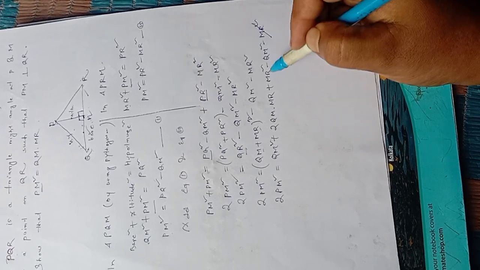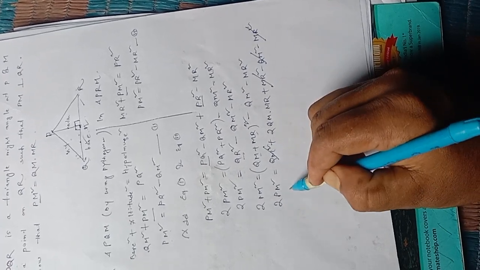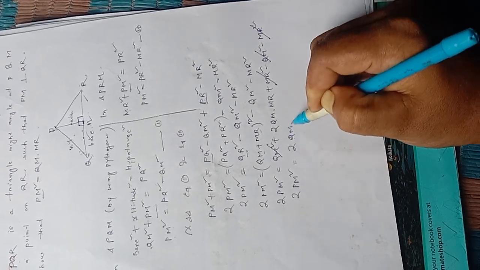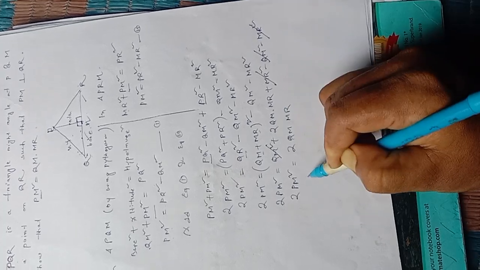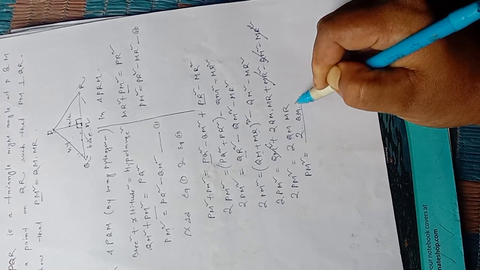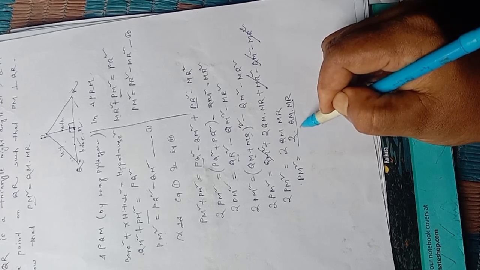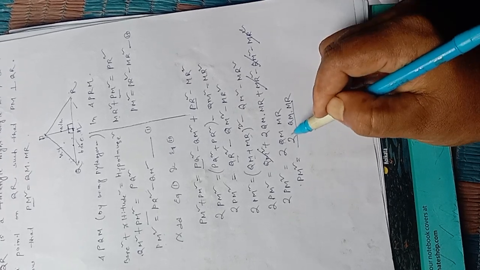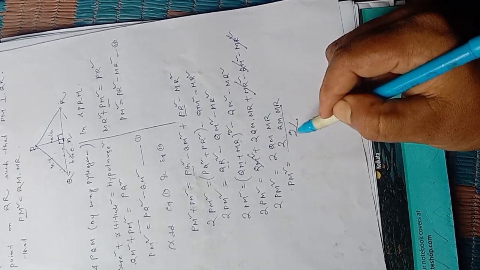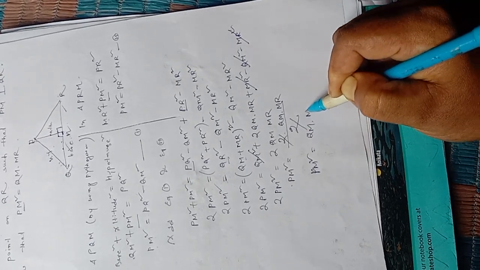So MR square cuts with minus MR square, and QM square cuts with minus QM square. Here it will remain 2PM square equal to 2QM into MR. Just divide, the two will go below in the denominator, and the two on the other side as well, so the 2 will cut, and we get PM square equal to QM into MR.